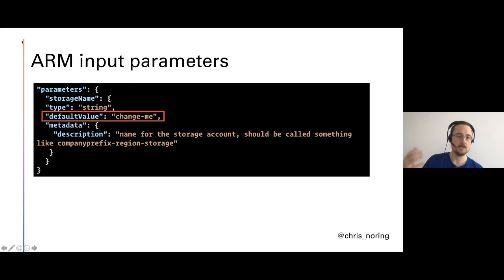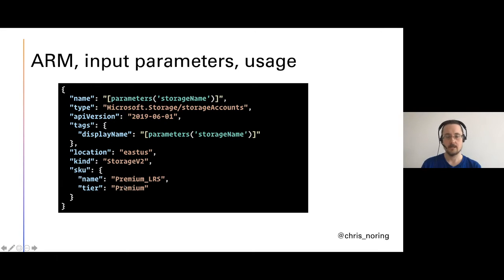But as you can see here, my explanation is to say change me, so I should probably in this case give it a good value. The metadata and description section is for when you actually want to describe what this is used for. I urge you to fill this in for yourself and for your colleagues and definitely your future self. We could also be adding different validation rules here, like min and max.